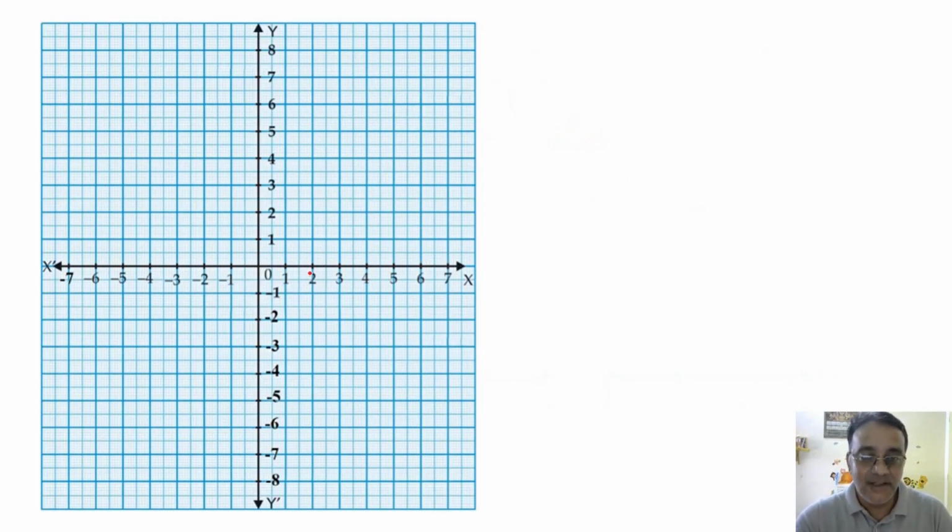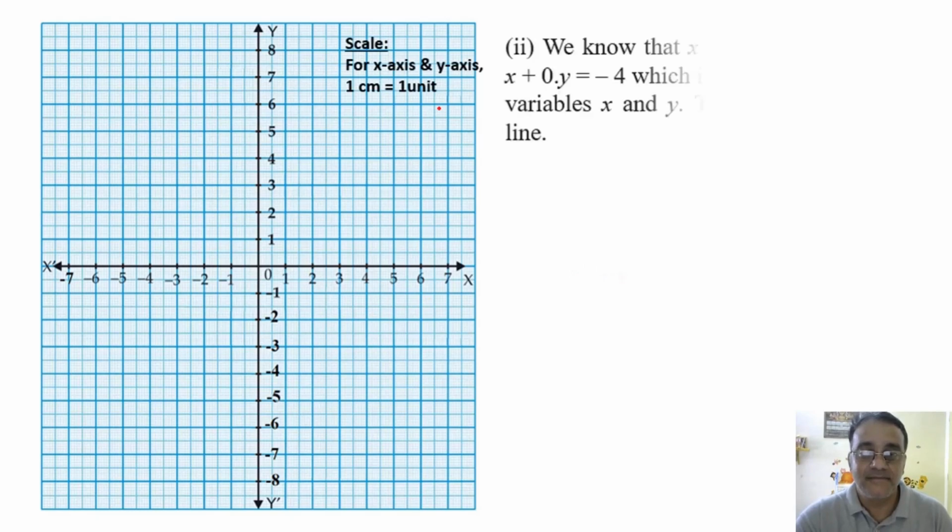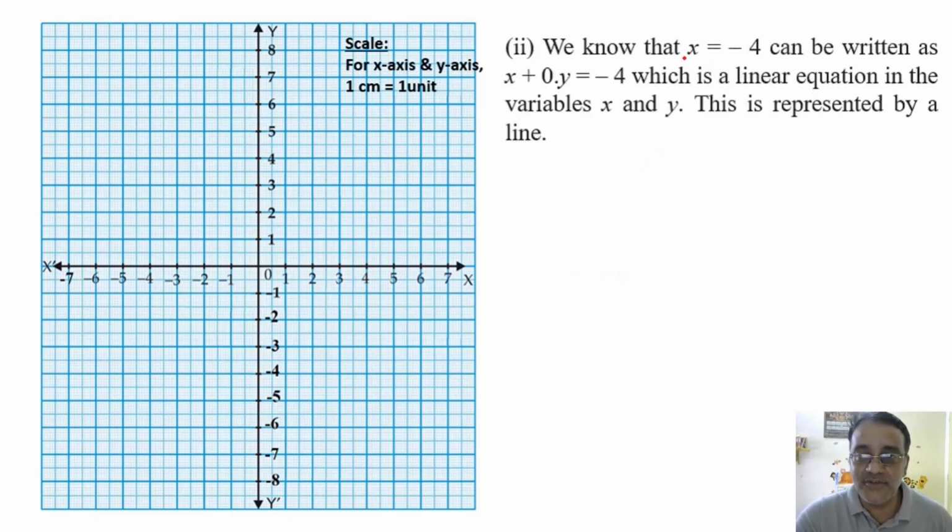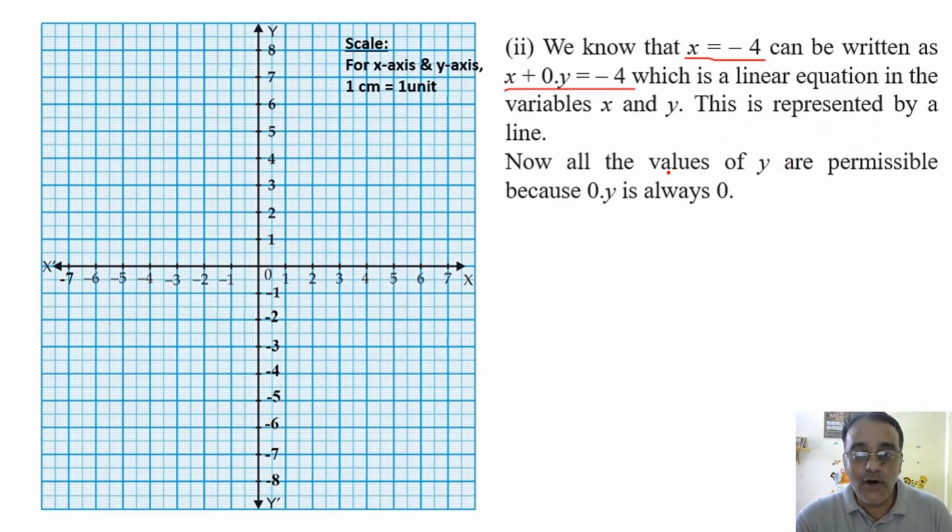Now second bit, we are going to draw in the Cartesian plane. We know that x equals -4 can be written as x plus 0 into y equals -4, which is a linear equation in the variables x and y, and this is represented by a line. See carefully, all the values of y are permissible because in this linear equation 0 into y is there.